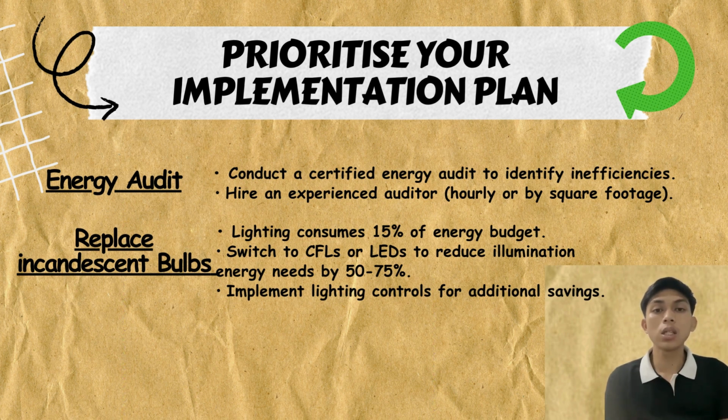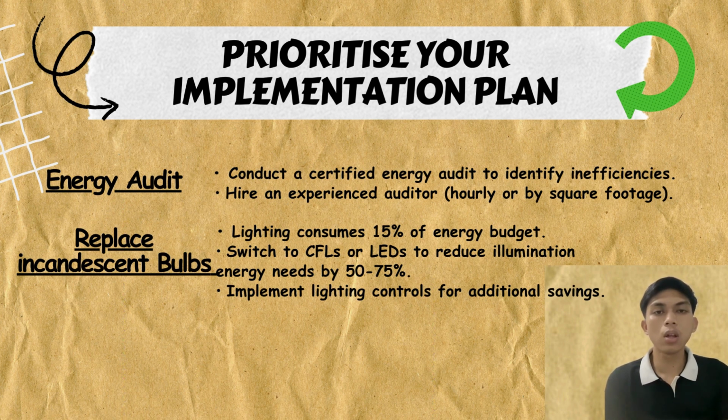Replace incandescent bulbs. The first one is 15% lighting budget. A large amount of the average household energy budget, roughly 15%, goes to lighting. One significant area with potential saving is addressing lighting inefficiencies. Second is LED or CFLs for 15 to 75% reduction.